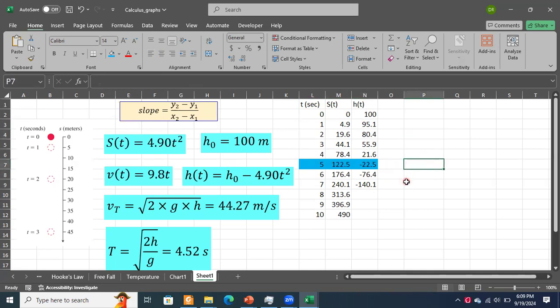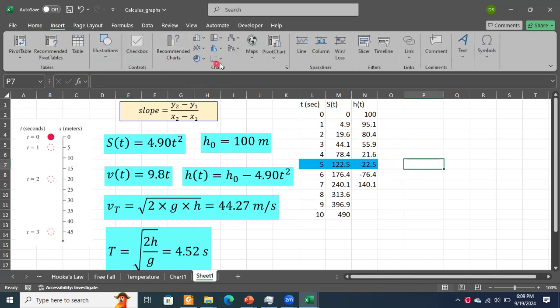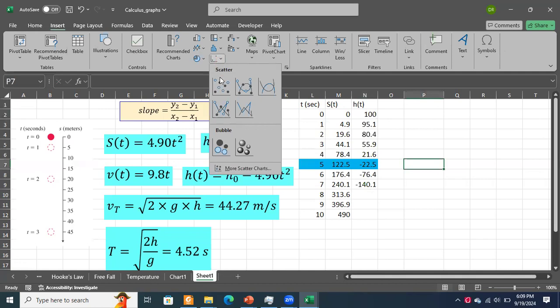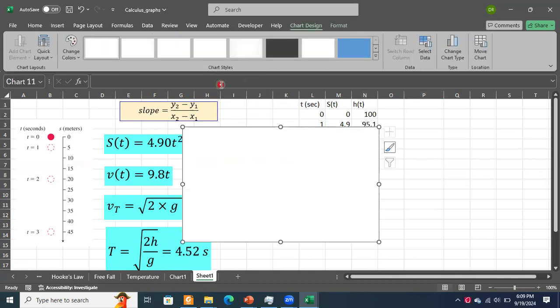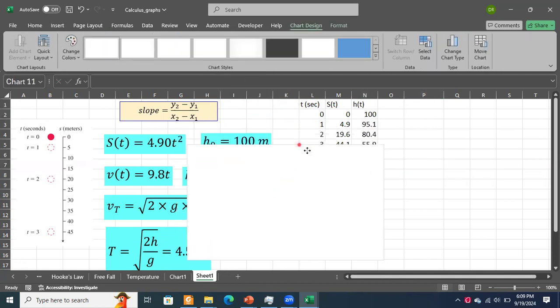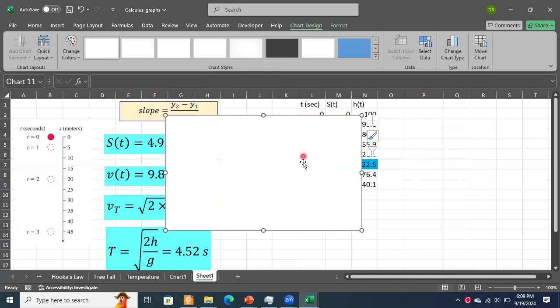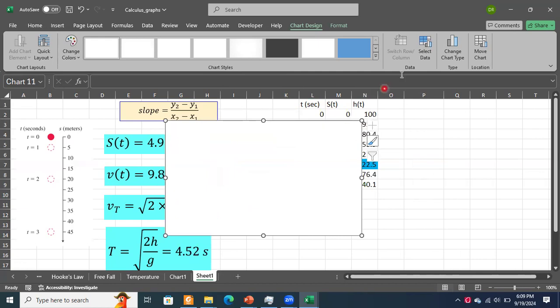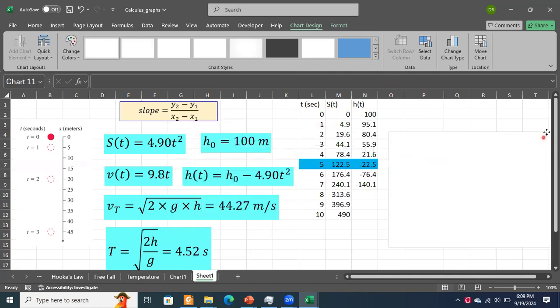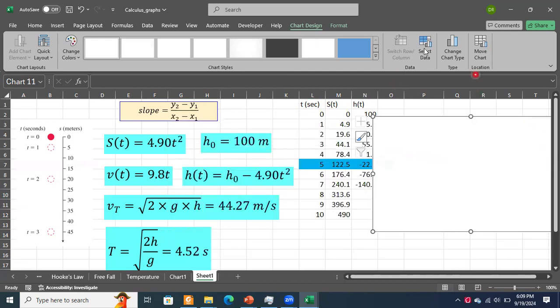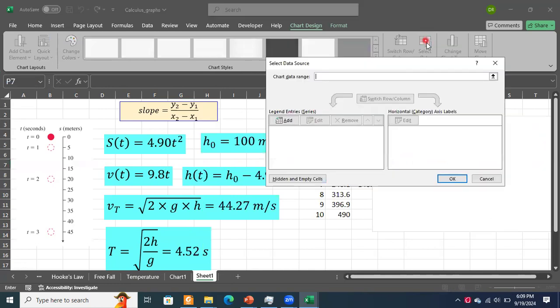Let me first plot the space-time diagram of this freely falling object. So I insert a graph of points. It requires data to be selected. Here is the option to select the data.